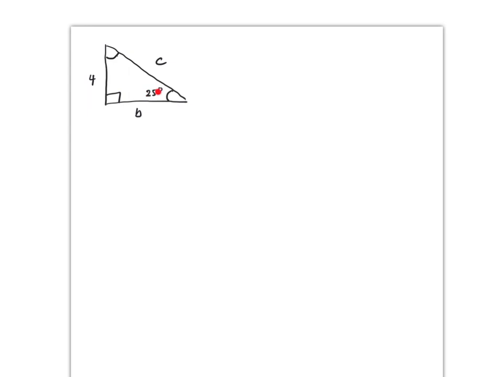They only tell you this is 25 degrees, and this side is 4, but now you're missing two sides. Let's say this is A, this is B, and obviously this is C. In this case, you can use either sine, because it's this over this, or tangent to figure out B. Once you figure out one side, you can find the other side. But let's go with tangent.